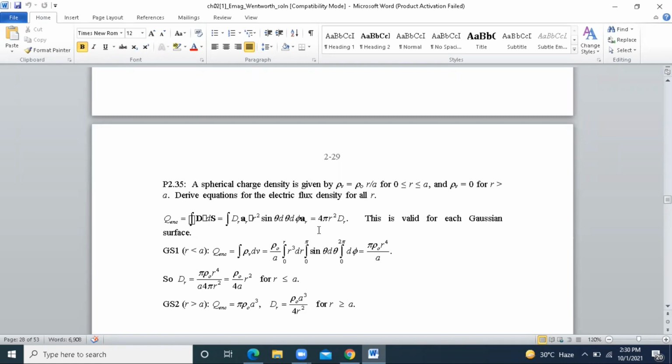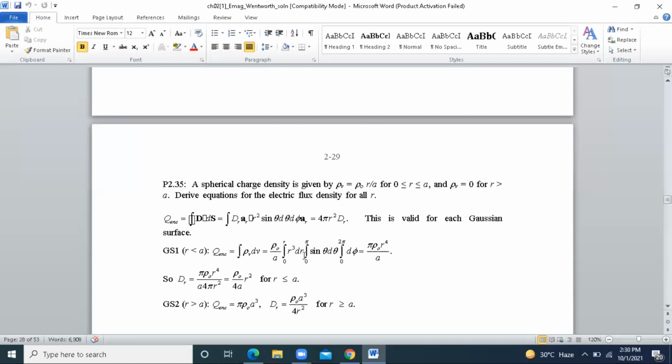Then you find the enclosed charge Q_enc by plugging into the equation above, where you have the cursor. Integrate it between the limits of phi equals 0 to 2 pi, theta equals 0 to pi, and r equals 0 to r.